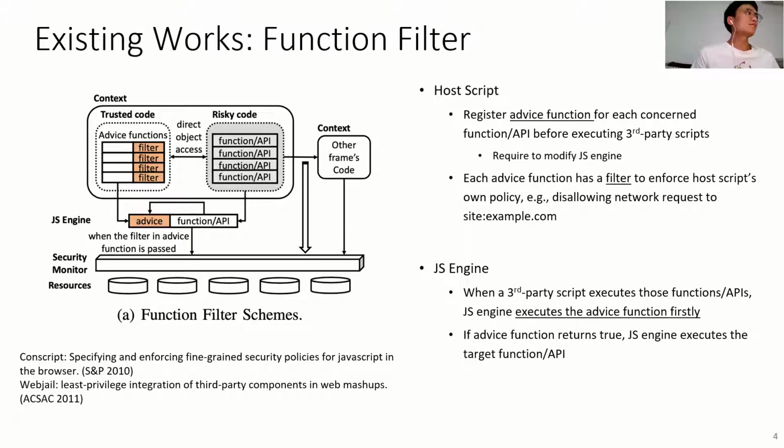After that, when a third-party script executes these functions, the modified JS engine will execute the advanced function first, and only if the advanced function returns true does the JS engine continue to run the previous function.